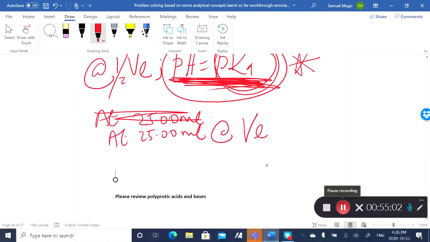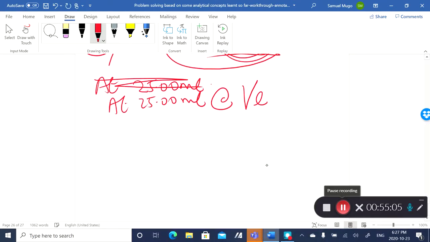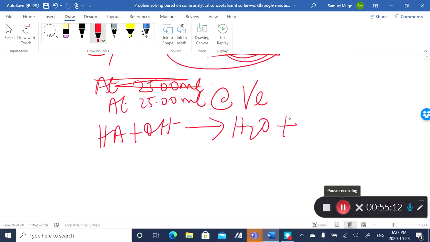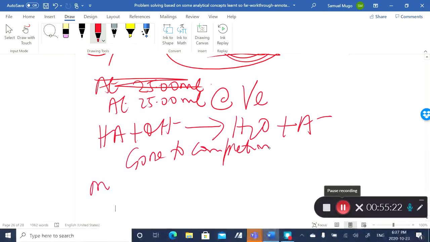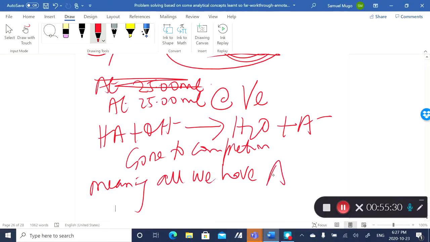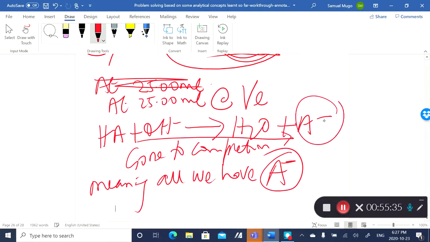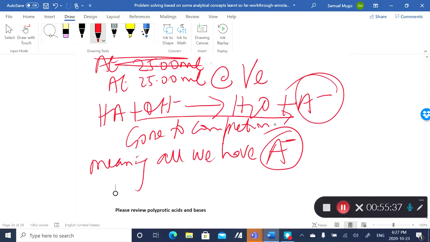Now at the equivalence volume, we know that our reaction, which I'll write again, has gone to completion, meaning all we have is a conjugate base, because the reaction has gone to completion. All we have is a conjugate base.